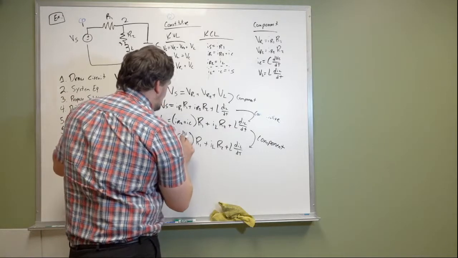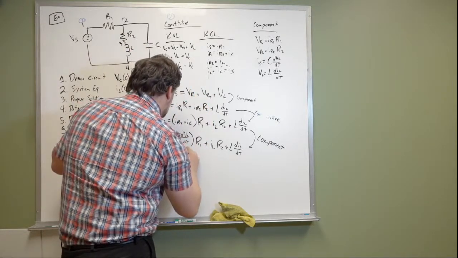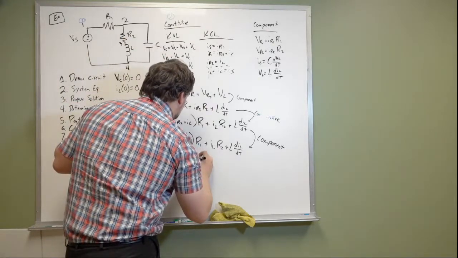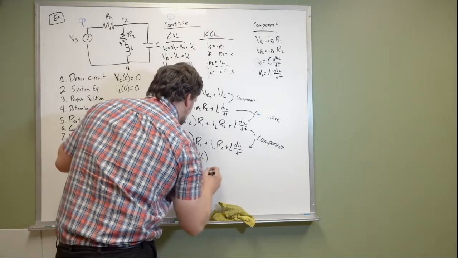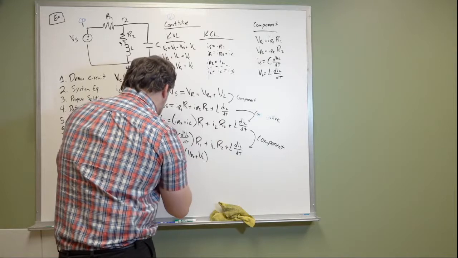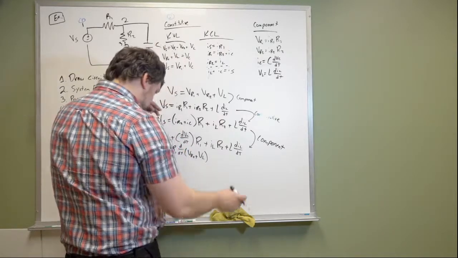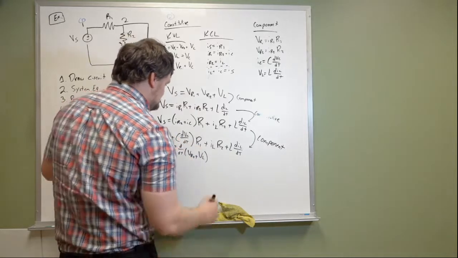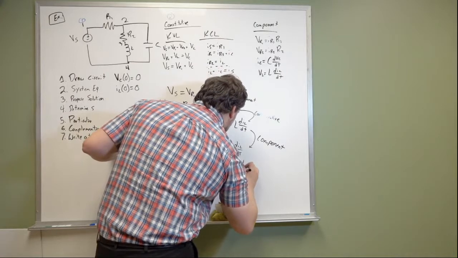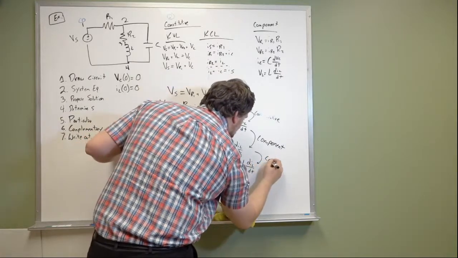Plus C, and then we'll take VC, so this will be C times the derivative of VR2 plus VL. And then I'm also going to plug in an R1 in here, C R1. Okay, just kind of factoring it inside. Plus R2 IL plus L dIL/dt. Okay, and here this was constitutive.